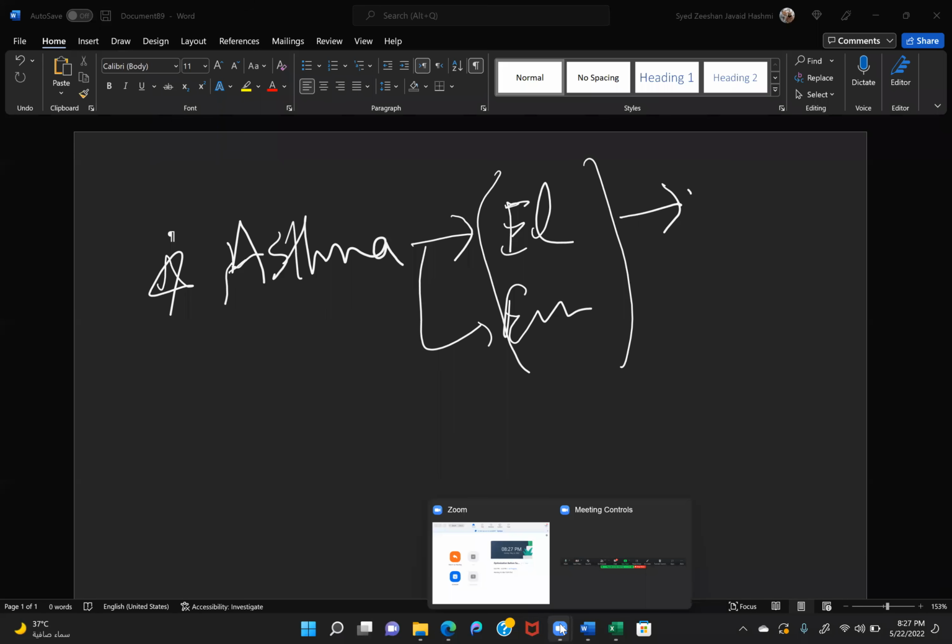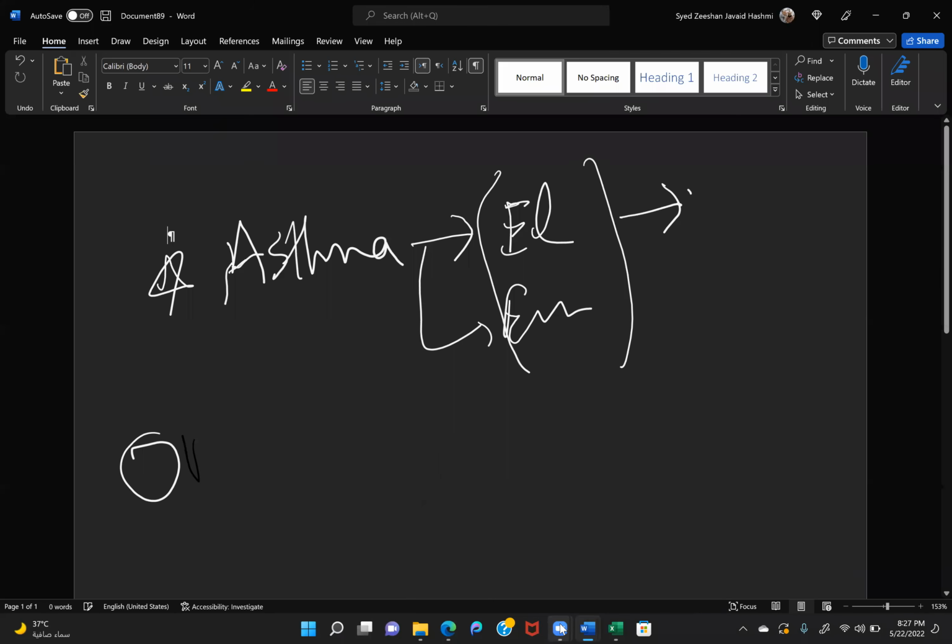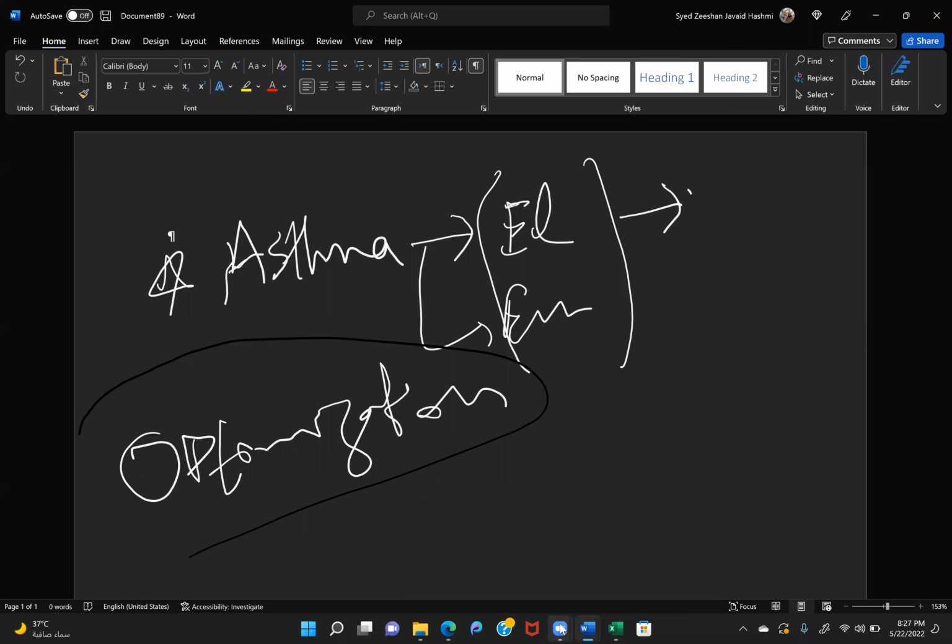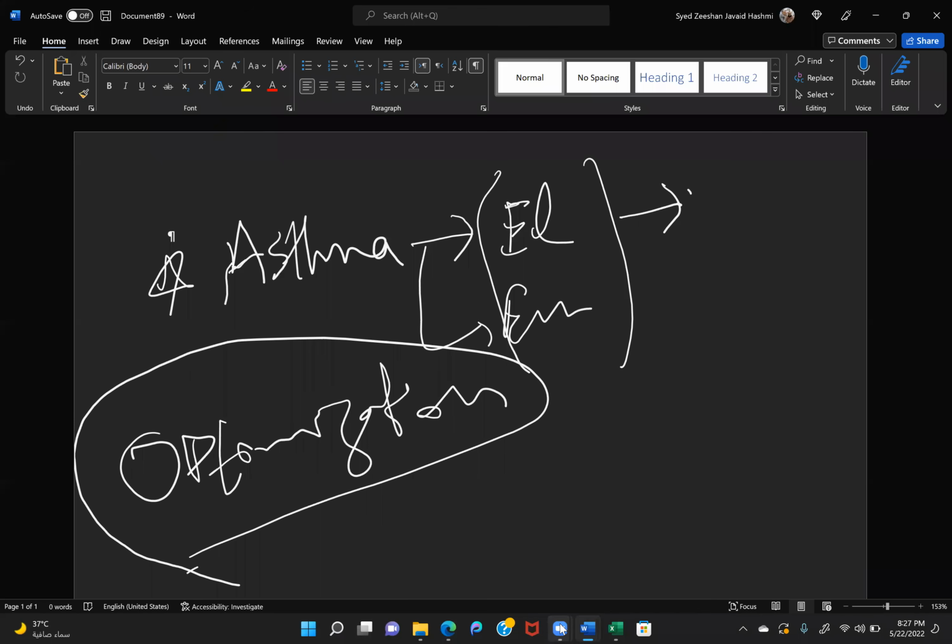Okay, sir. If a patient comes to me with a known case of asthma, then I will first assess the severity of the asthma, and I will take the history, medication, and also ask how compliant the patient is.